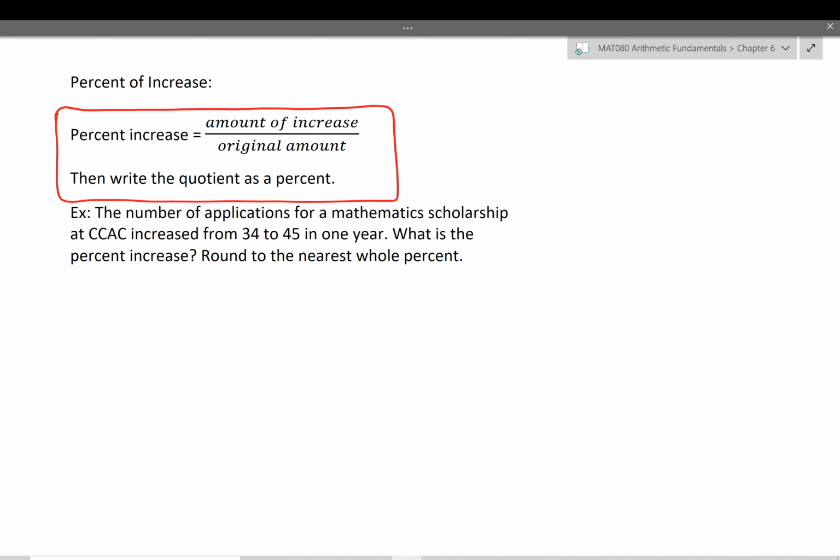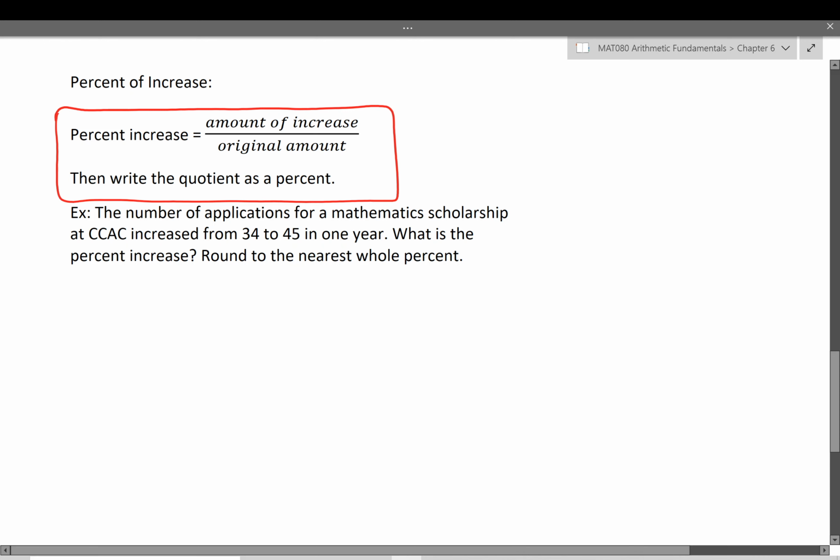Cost of education increases. Cost of gasoline increases and decreases. Cost of living almost always increases. If you look at the stock market, not just over the last year, but over the last 50 years, it always increases. So percent increase is everywhere. The key is to figure out the amount of increase, divide it by the original amount, and then write your quotient as a percentage.